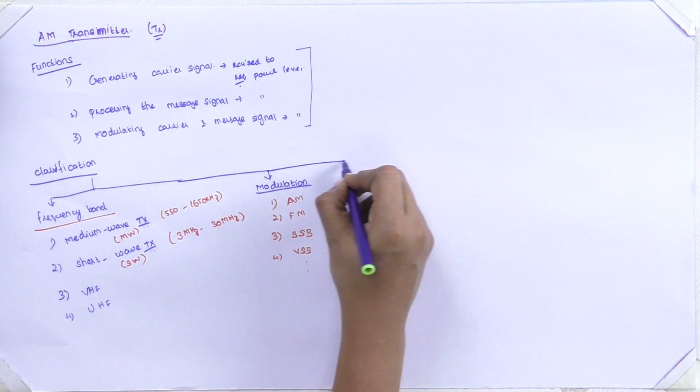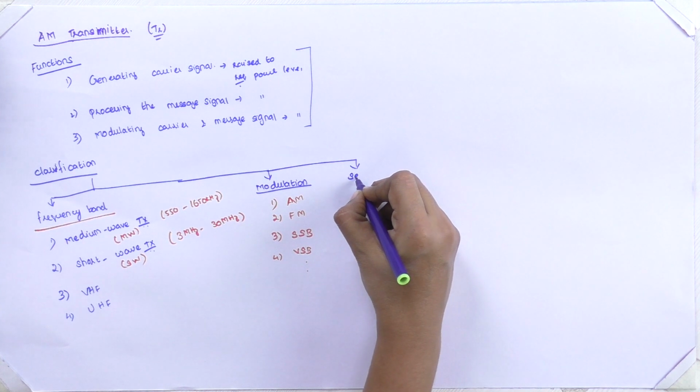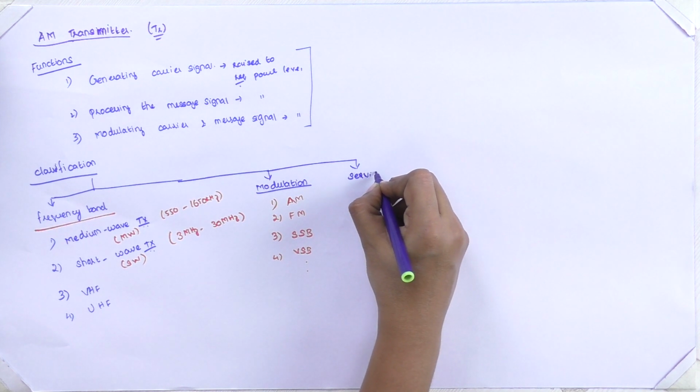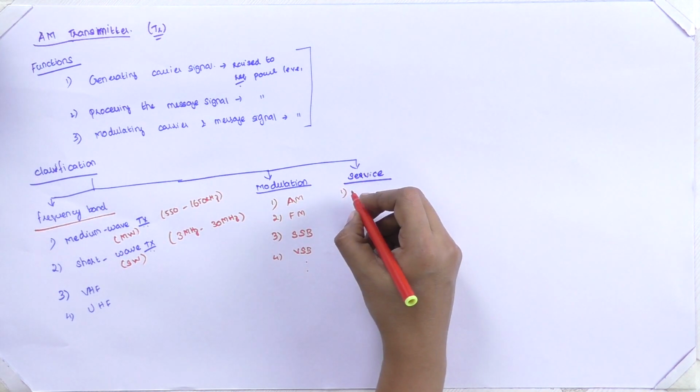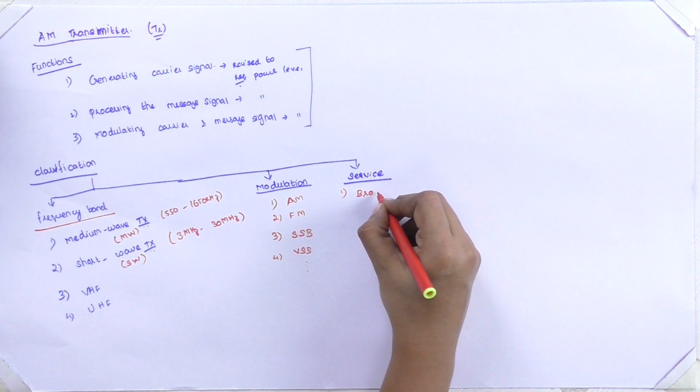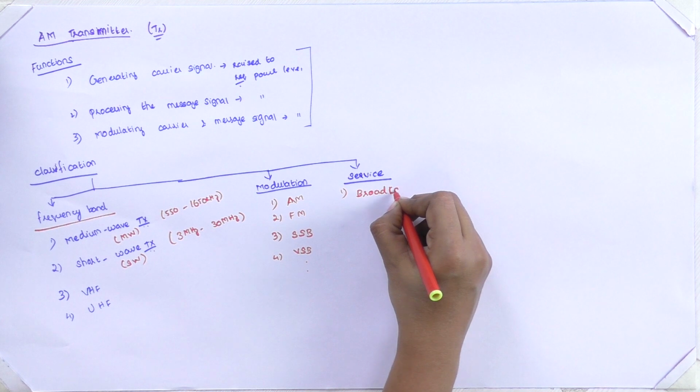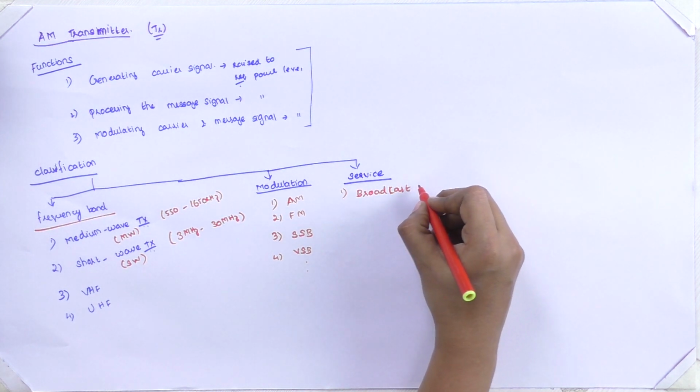And the fourth one is based on the service, depending upon our application. It can be named as broadcast transmitter when it is used for radio broadcasting.